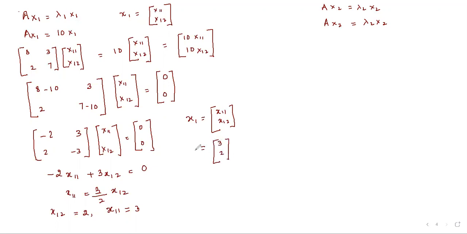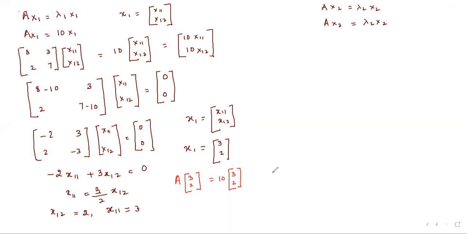So this is the eigenvector. Now I'll rewrite this equation: A times 3, 2 is equal to 10 times 3, 2.